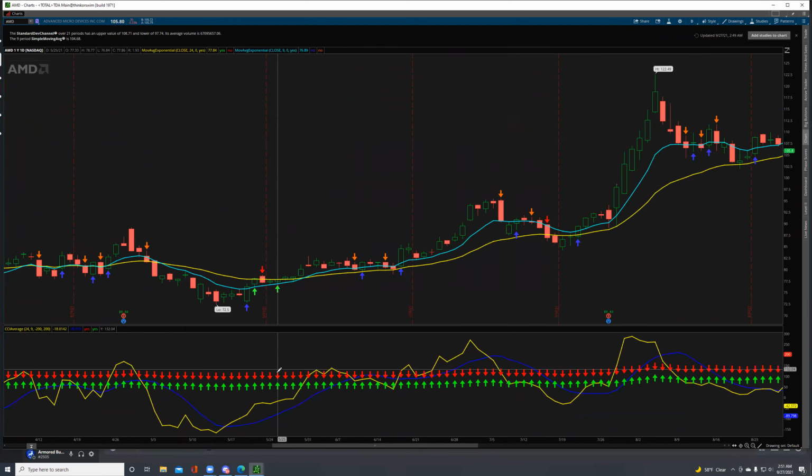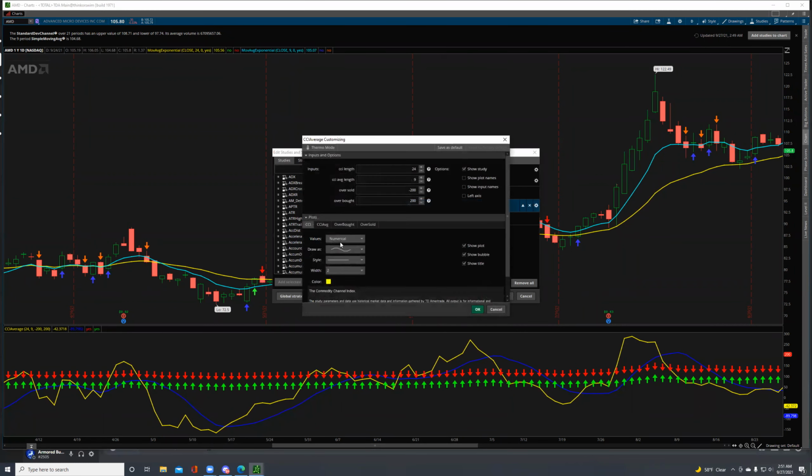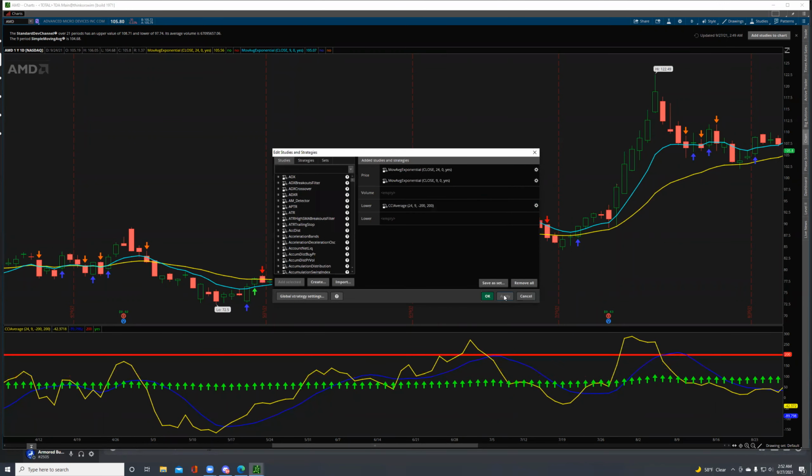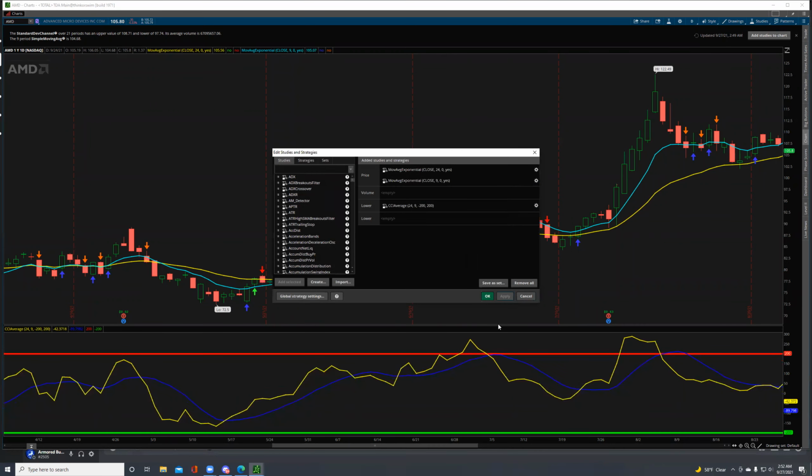So let's edit that one more time. Yeah, let's just keep it this way. I think that's going to make this a little easier to look at because these are your ranges now. So 200, this is how I have it set for my charts anyway.